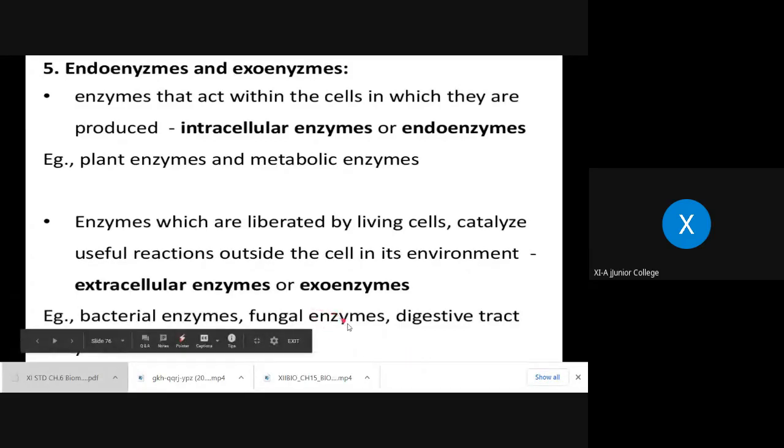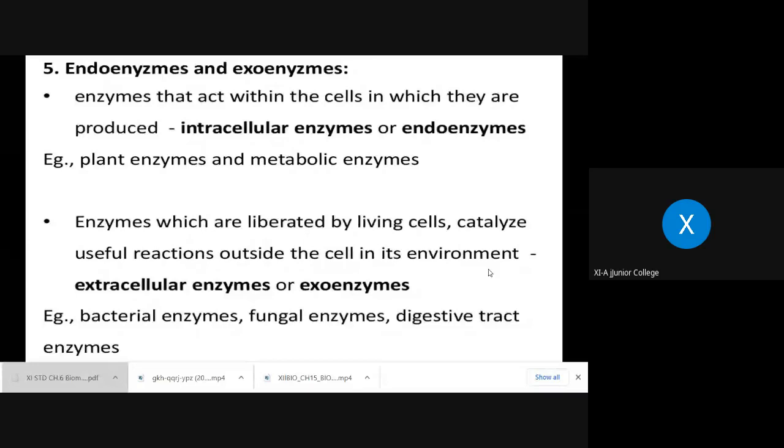Bacteria release enzymes, fungi release enzymes, and the digestive tract of human beings or any higher organism releases enzymes. So their action is outside the cell where they are produced. Such enzymes are considered extracellular enzymes or exoenzymes.